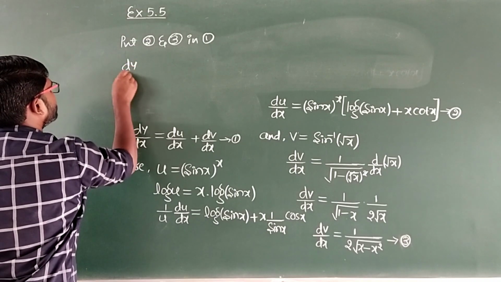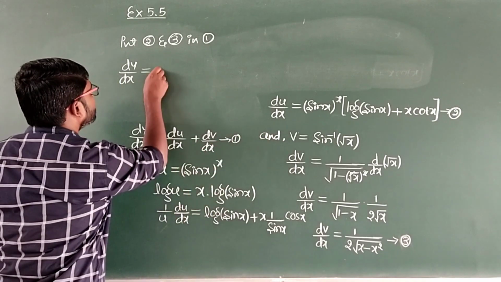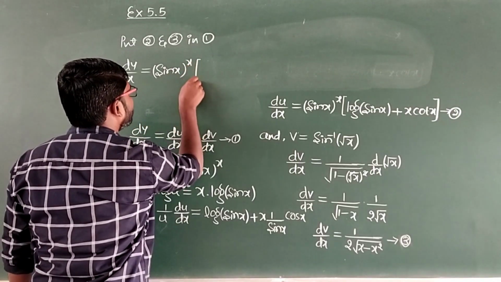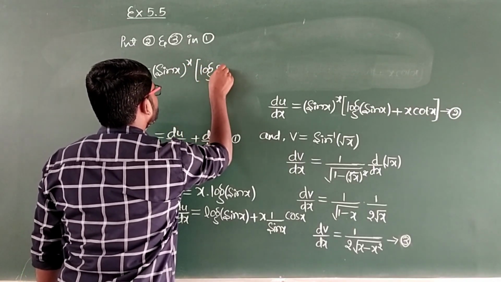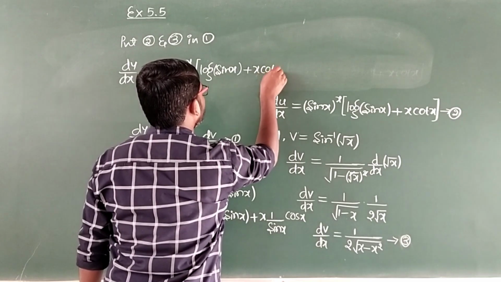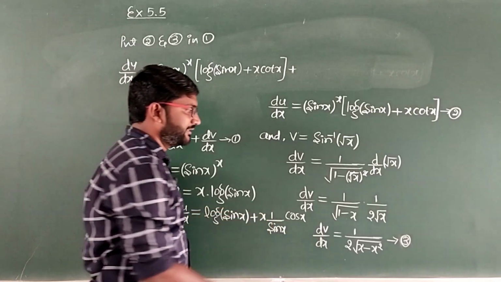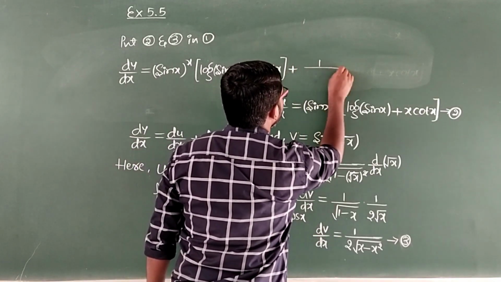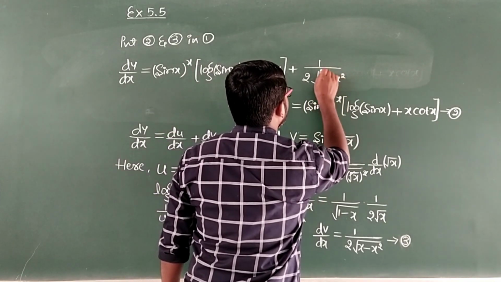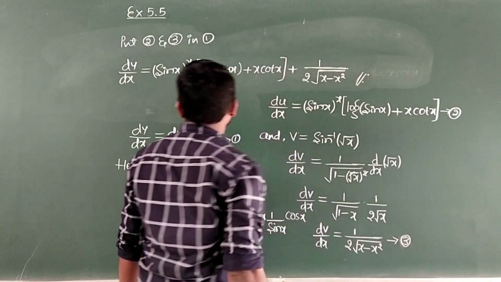So dy by dx is equal to, what is equation number 2 here? sin x to the power x into the bracket log sin x plus x cot x, plus, now we will have to write equation number 3. So it is 1 divided by 2 times square root of x minus x square. So this is the required answer for question number 8. Note down this and then we'll take up the next question.